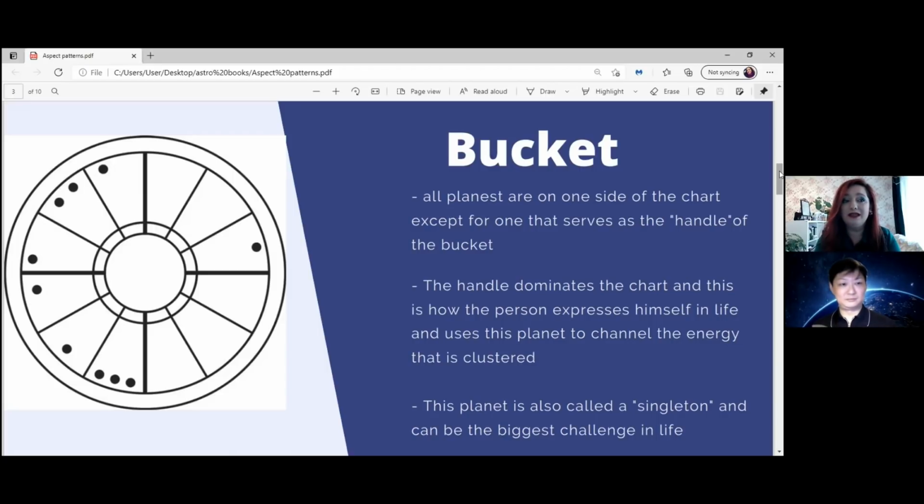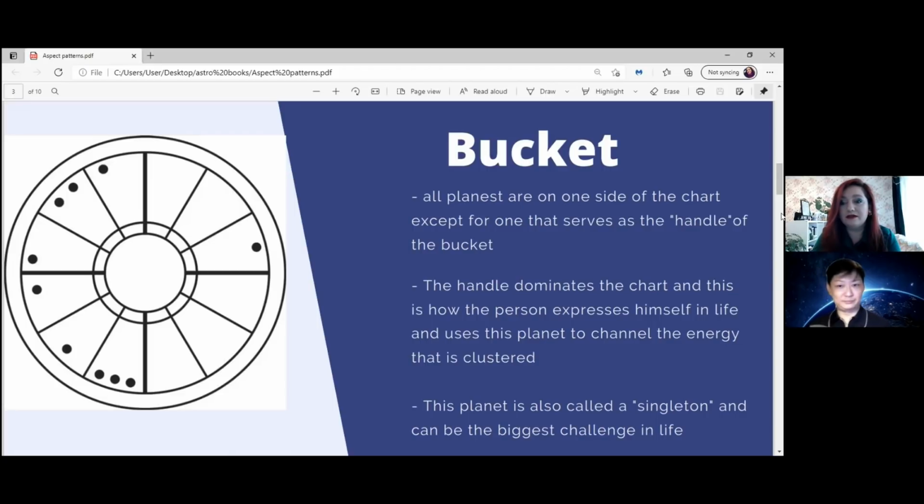But then again, if the person with such a chart can grow and can understand himself or herself, and work towards balancing out the energies, he can also become a specialist in the area that this handle is occupying in the chart.